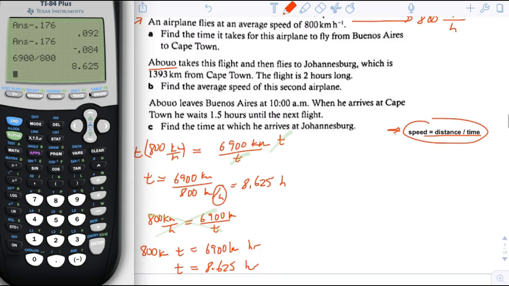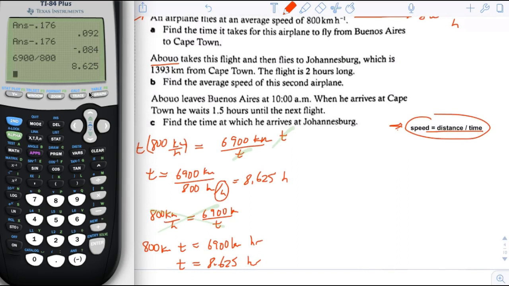Okay, so let's see. We're going to use speed equals distance over time again. And we're going to have a distance of 1,393 kilometers. And that's divided by the time, which is 2 hours. And the speed is unknown. We're finding the speed this time. This time we don't have to rearrange the algebraic equation, which is quite nice.